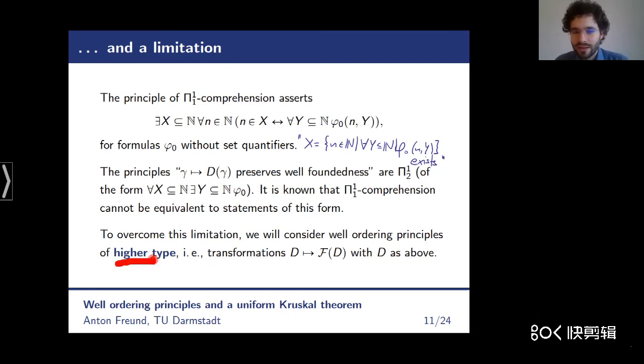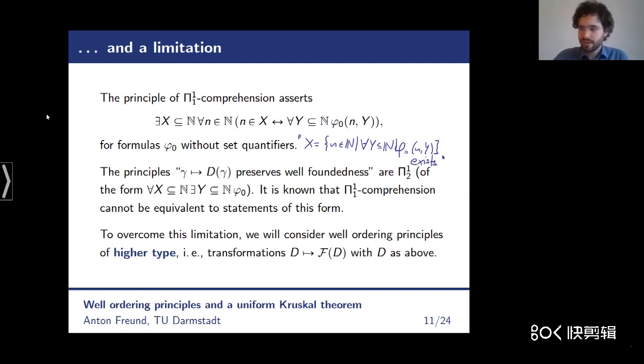And now in these higher type principles, we want to take as input a transformation D, no longer a single order, but a transformation of orders. And then from that transformation, we will want to compute an output f of D. And this output f of D can actually be a single order again. So for the type of functionals, the type of the argument is more important than the type of the value. But the crucial point is that we now want to look at transformations that will themselves take transformations as input.